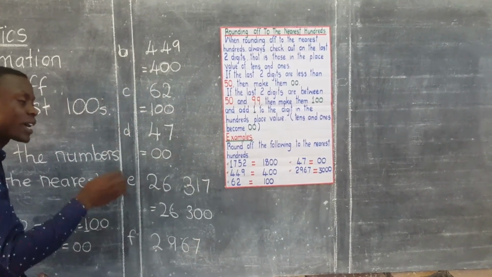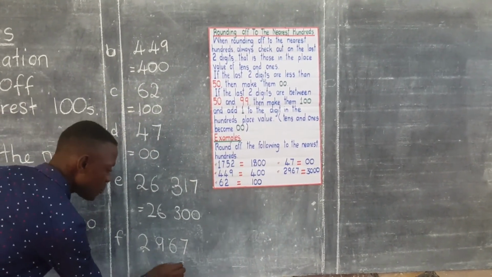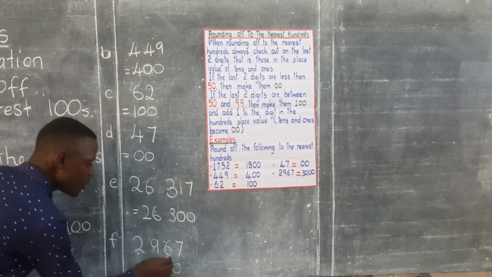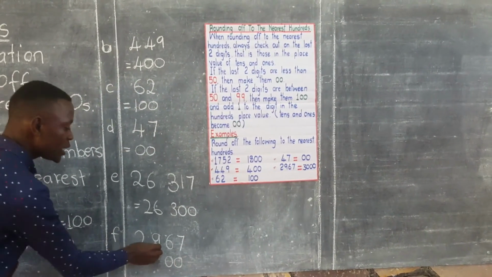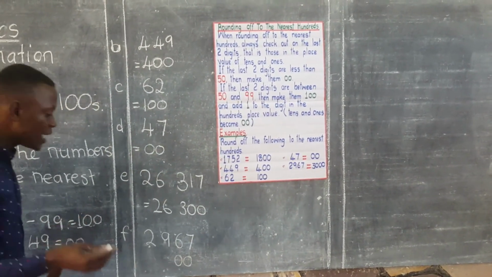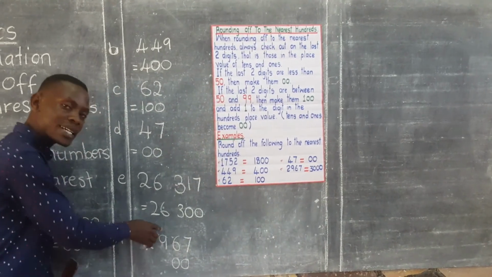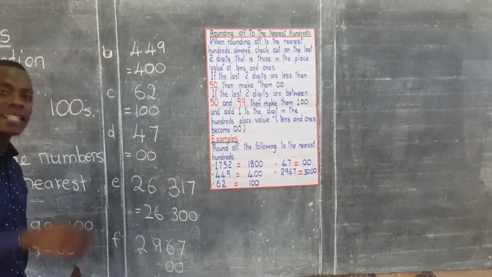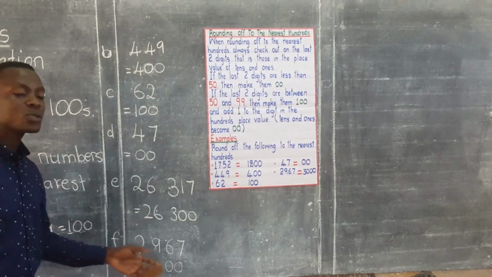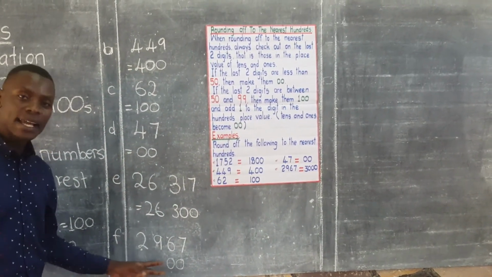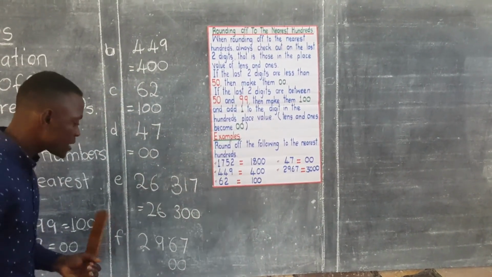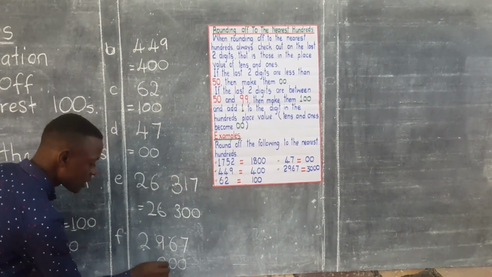Now, if that becomes 100, what should happen there? We'll write 0, then we'll add a 1 to 9. And the moment we add 1 to 9, 1 plus 9 gives us 10. Now here, we are not going to write 10 there. No, we are going to write a 0 there.